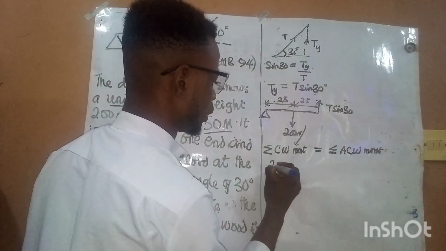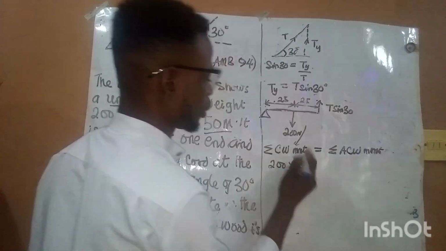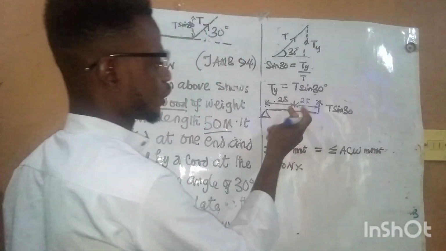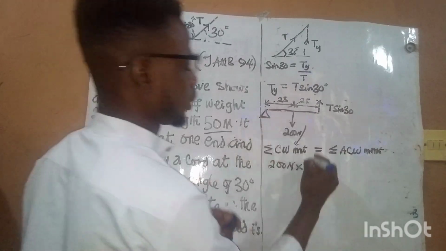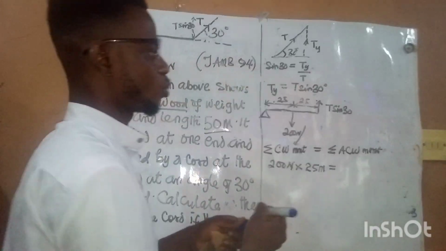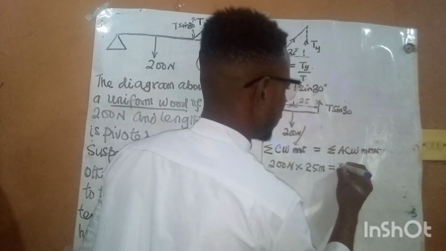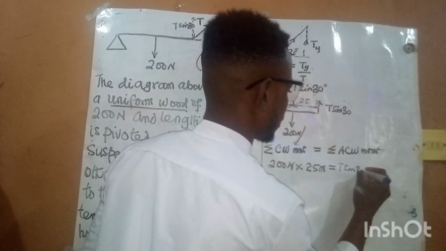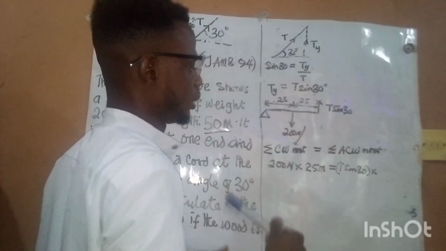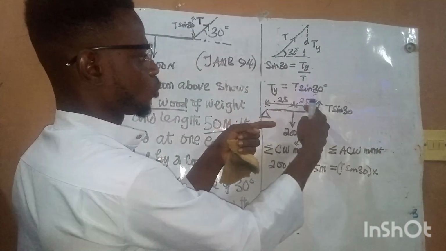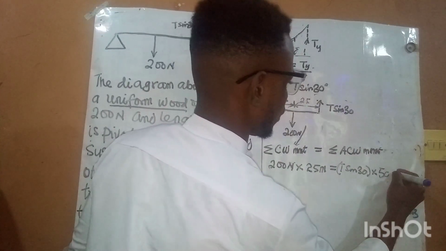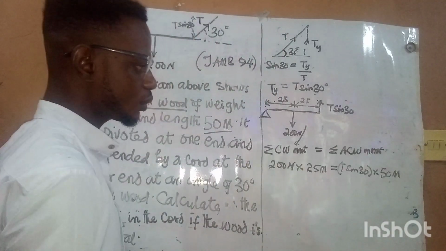So that is 200 Newton times the distance from here to here, which is 25, times 25 meters, is equals to anti-clockwise, which is T sine 30 Newton times the distance from this force to the point of action, 25 plus 25, that is times 50 meters.